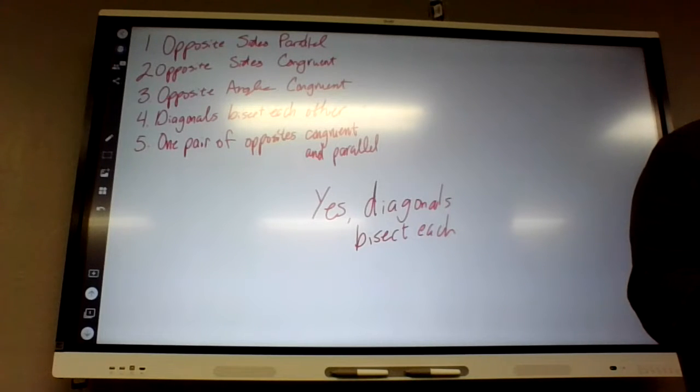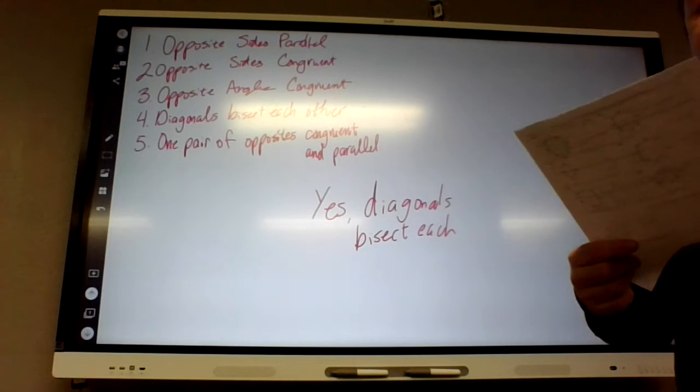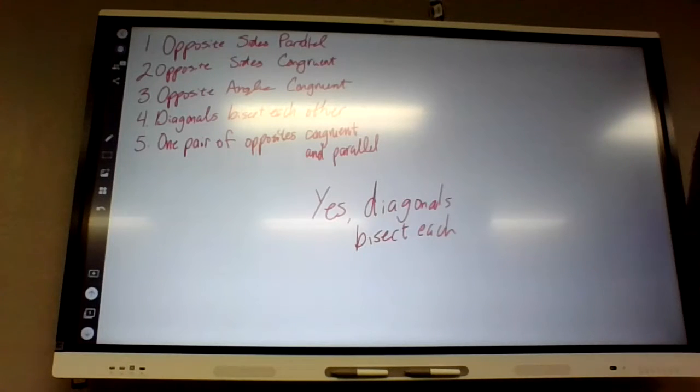Number 3. Actually, no, I've changed my mind. Let's look at number 4. Since those two angles at the bottom are 80 and 100, does that tell us anything? Remember, consecutive angles are supplementary. If same side interior angles are supplementary, then the lines that they are between have to be parallel.